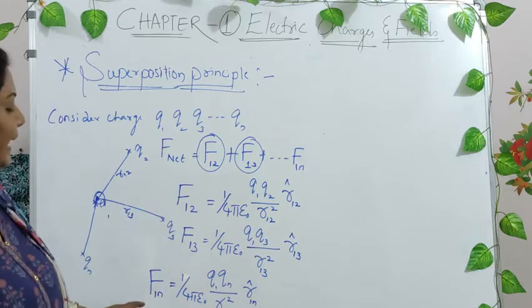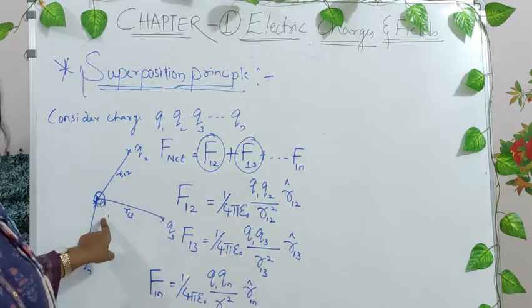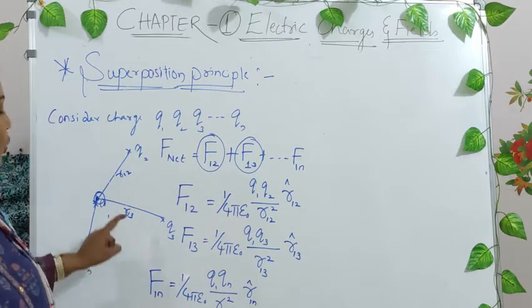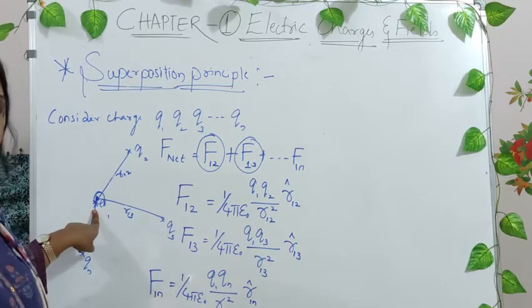Now these are all the independent forces acting on this particular charge. The vector sum of all these forces will be equal to the net force acting on the charge Q1, right?